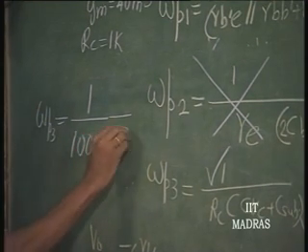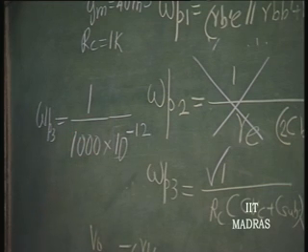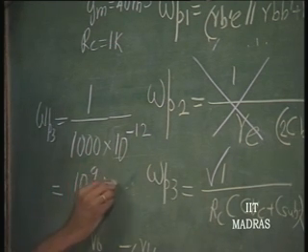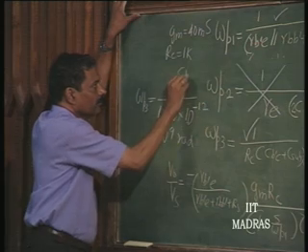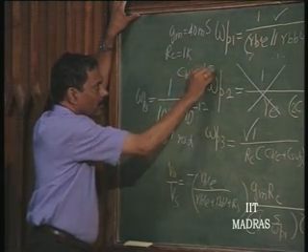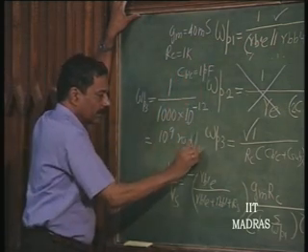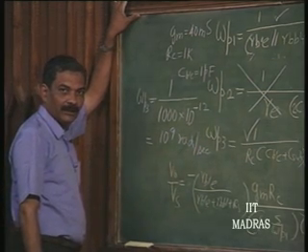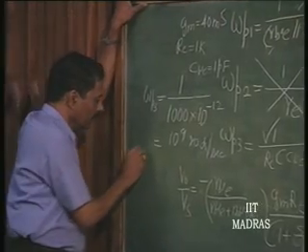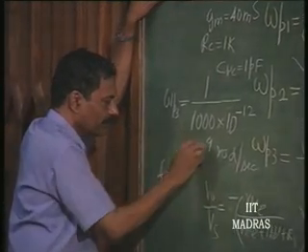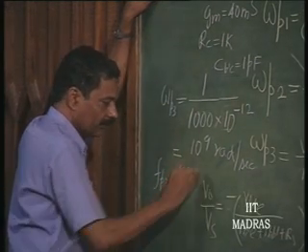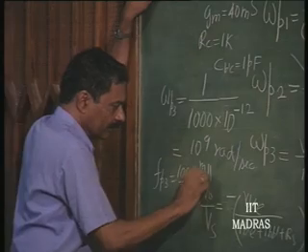If it is 1 picofarad, we get omega P3 which is 10 to power 9 radians per second, or in terms of FP3, 1000 by 2 pi megahertz.